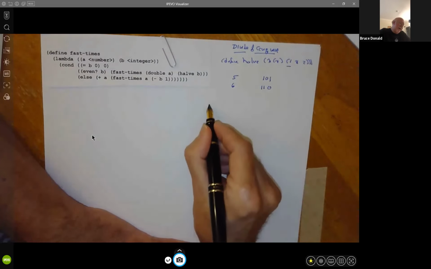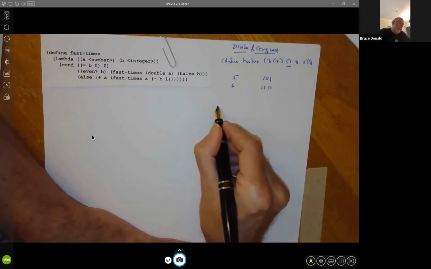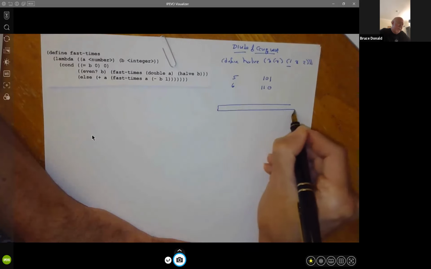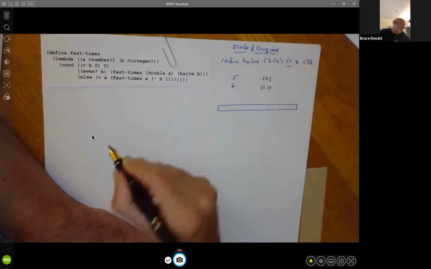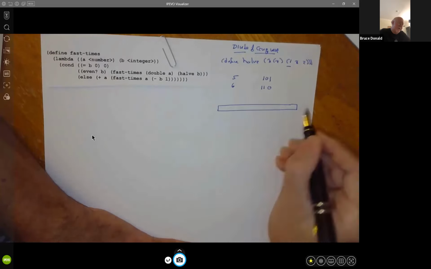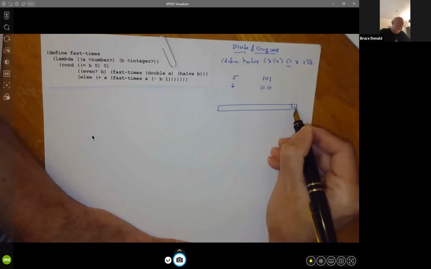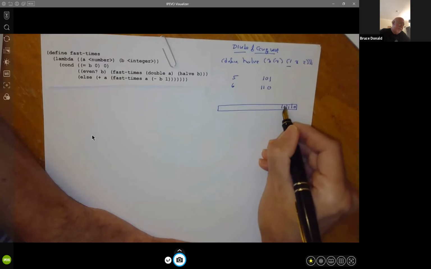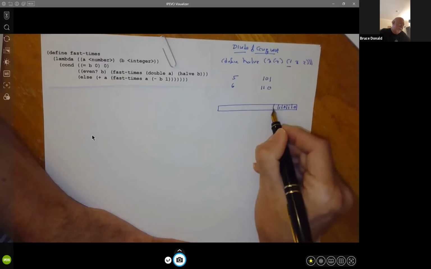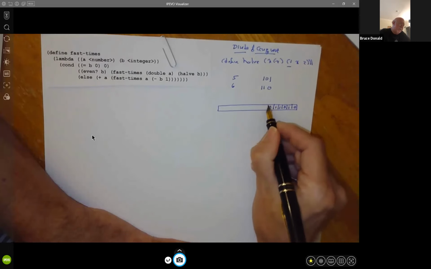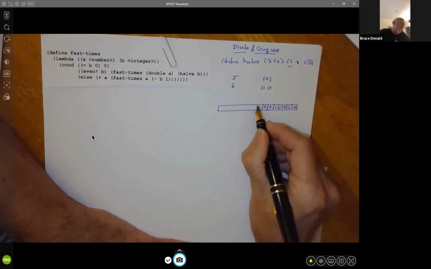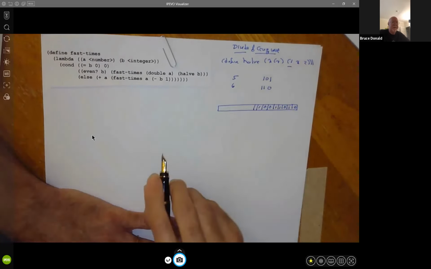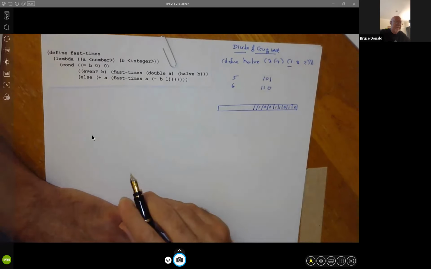So if I had a number encoded in this fashion, and I'm going to suppose without loss of generality that it's an even number, so I'm going to have a 0 here. It might be encoded like this somehow: 1, 0, 1, bunch of other bits here, 1, 0, 0, 1, just some arbitrary thing like this. And I want to look at half, which is going to cut this thing in half.